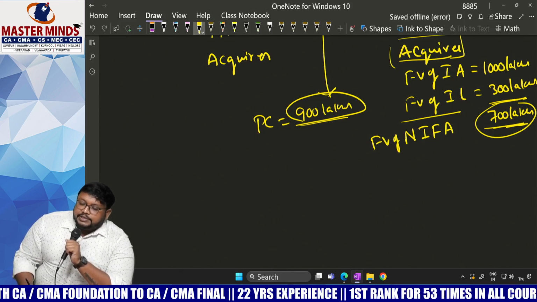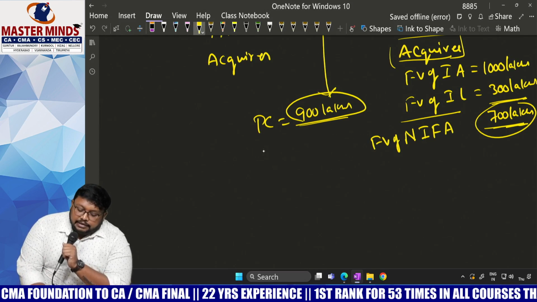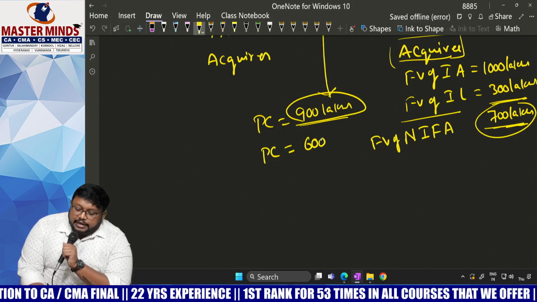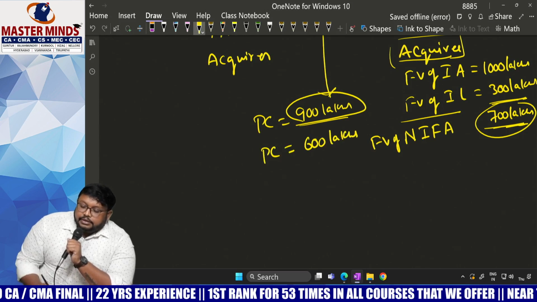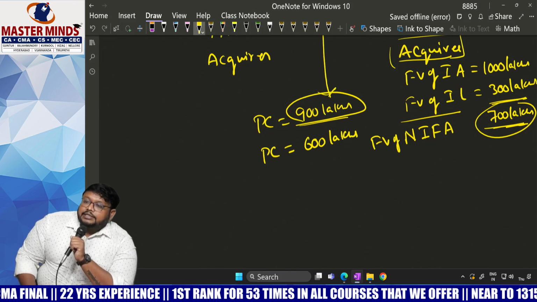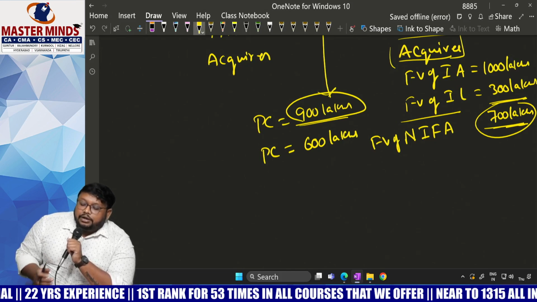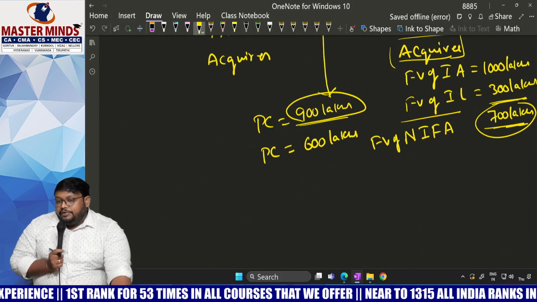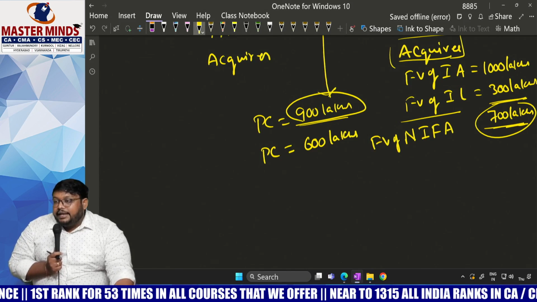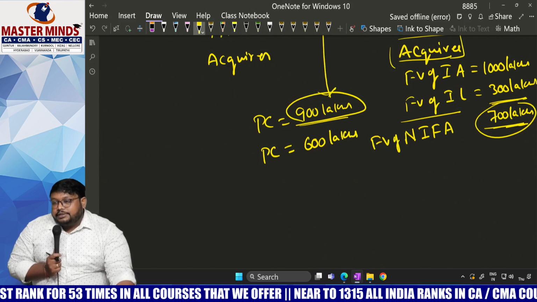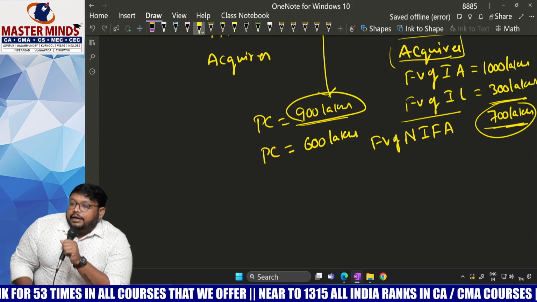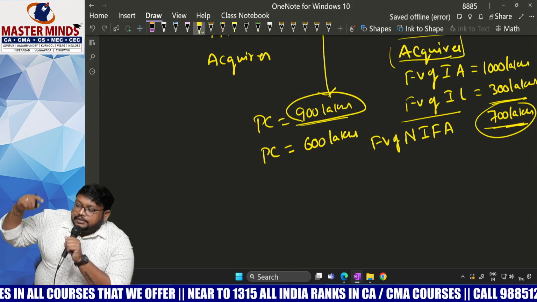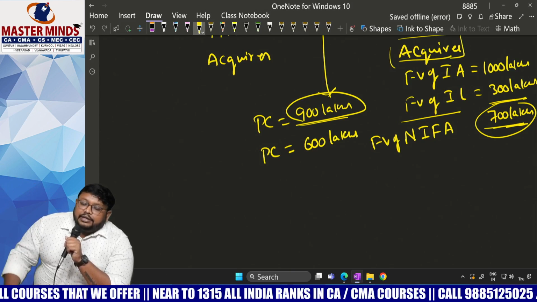Of the same 700 lakhs business, if I paid a purchase consideration of 600 lakhs. 700 lakhs worth business I am purchasing, but I am paying only 600 lakhs. It is a benefit for me. That we call gain on bargain purchase. Generally the same thing is called capital reserve in some accounting standards.